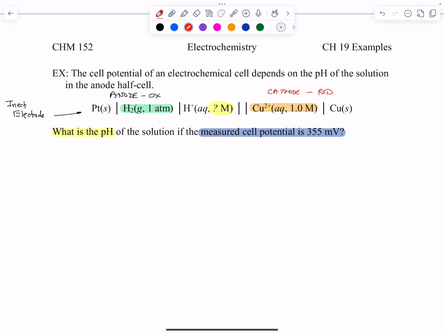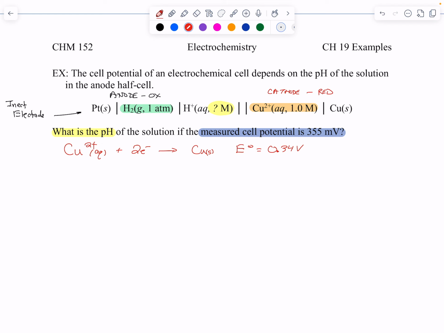All right, so who is being reduced? Copper 2 plus, it's going to copper, right? So Cu2+ in solution plus 2 electrons going to Cu metal. And that cell potential is 0.34 volts.